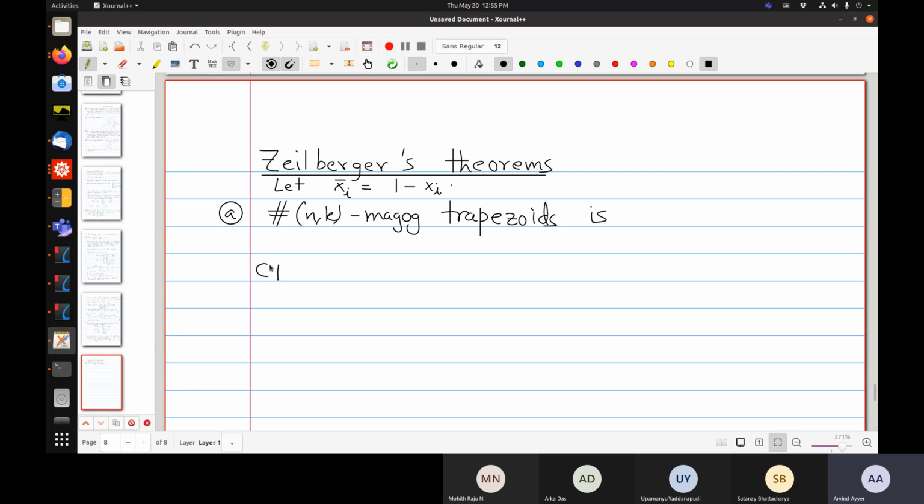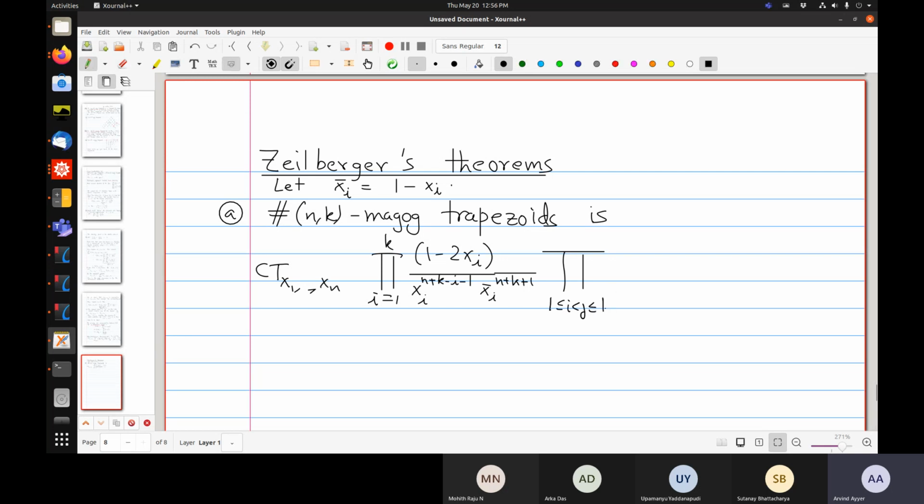So this is the constant term of x1 up to xn of the product i equals 1 to k of (1 minus 2xi), divided by xi to the n plus k minus i minus 1, and xi bar to the n plus k plus 1, times a big product over 1 less than or equal to i less than j less than or equal to k.